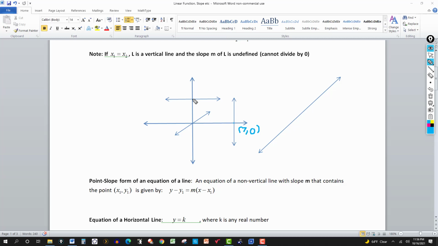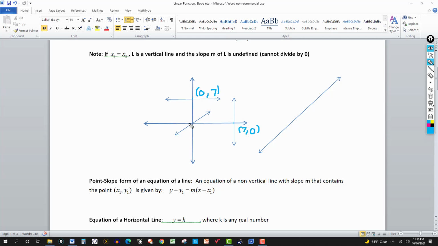And notice over here, for the horizontal line, suppose that point is (0,7). If I start at the origin and go 1 over and then go up, that'll be the point (1,7). I go 2 over and then go up, that'll be (2,7).